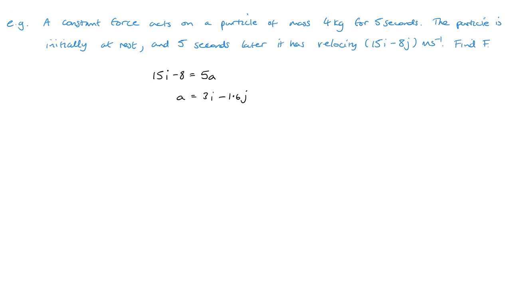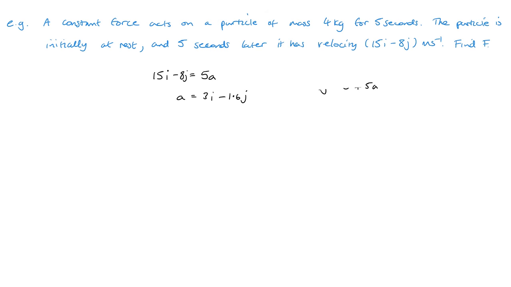So that there is my acceleration. Okay, and it comes from v equals u plus at, where v is, you know, the 15i minus 8j. Let's throw the j there. u is 0, t is 5, and a we're trying to find.